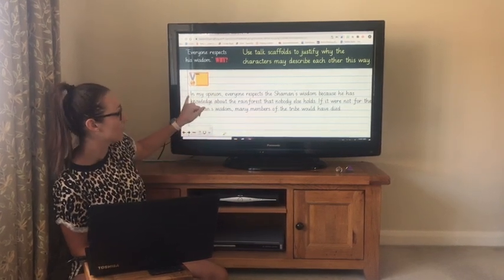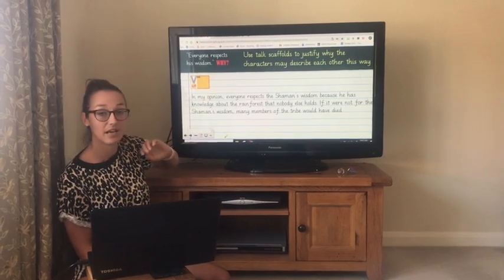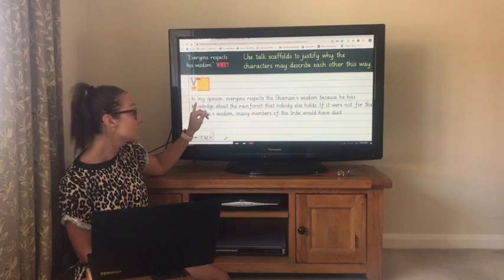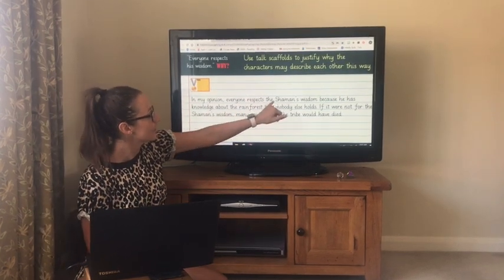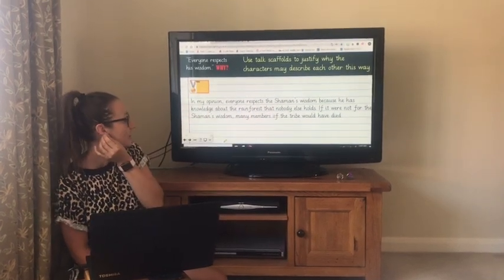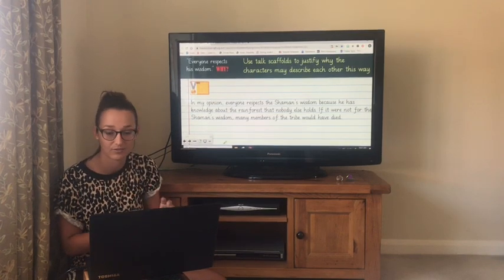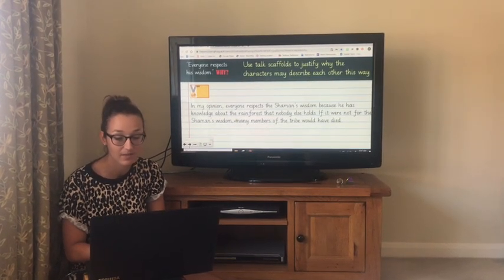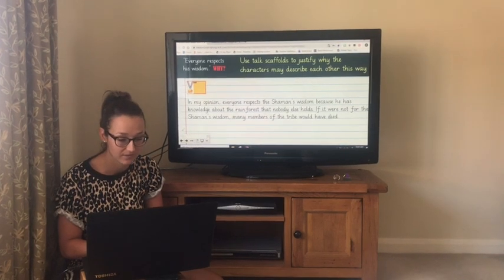So I've chosen one, in my opinion. You could also have I believe that, I think that, I know that, I know this because. Everyone respects the shaman's wisdom because he has knowledge about the rainforest that nobody else holds. If it were not for the shaman's wisdom, many members of the tribe would have died.